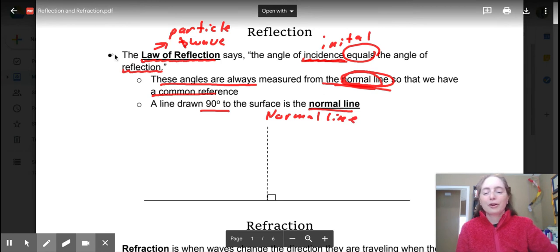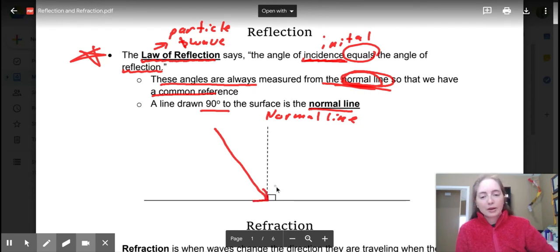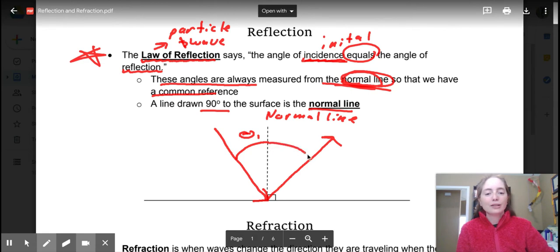Now, we'll put a star here: our angle of incidence is going to equal the angle of reflection. So if I have a beam of light entering here and it hits this surface, it will then reflect up like that. The theta that is here with the normal, my theta of incidence, is going to be the same as theta 2.